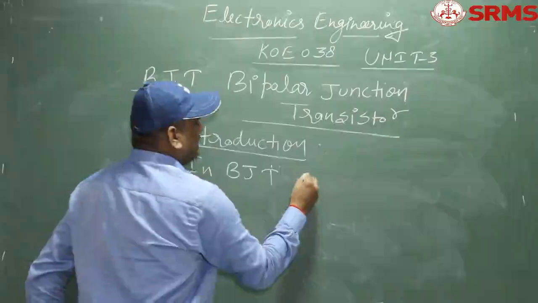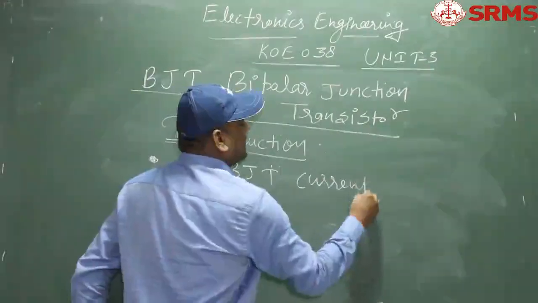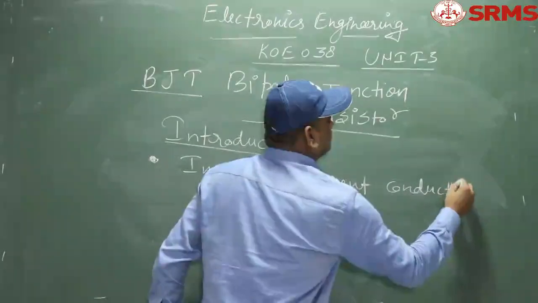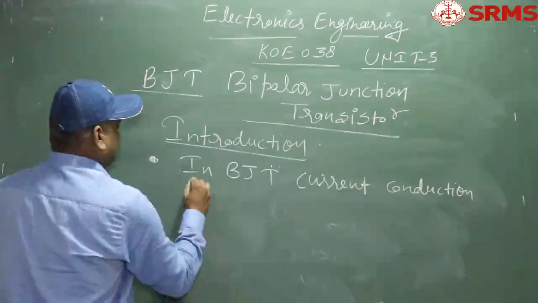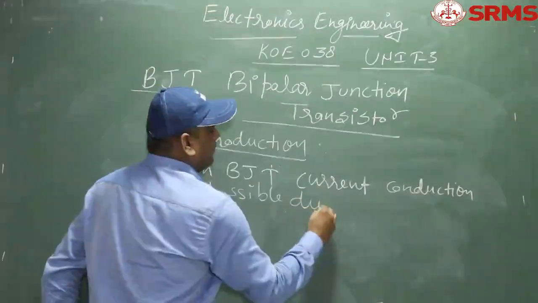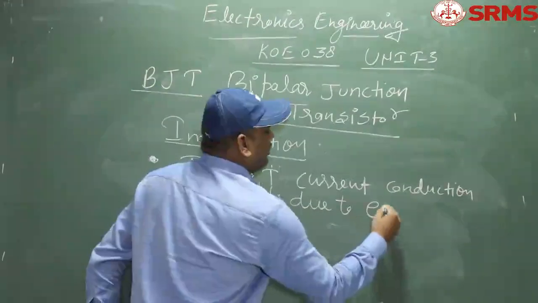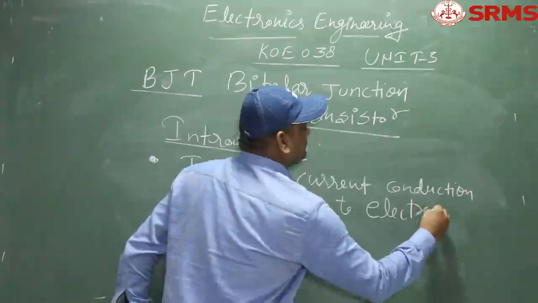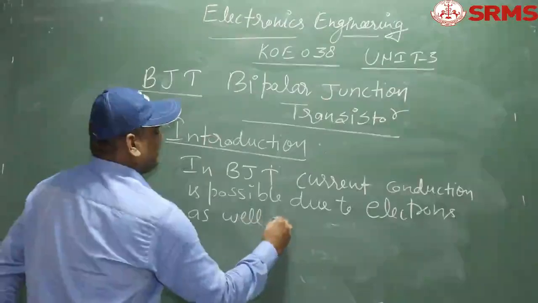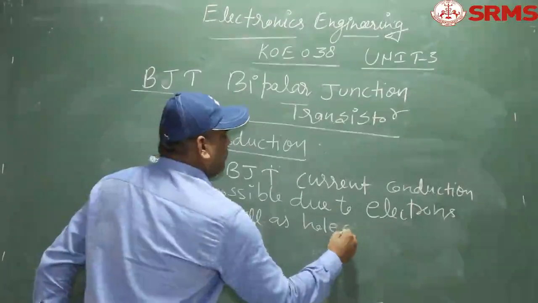Now we will discuss the BJT. In BJT, current conduction is possible due to electrons as well as holes.